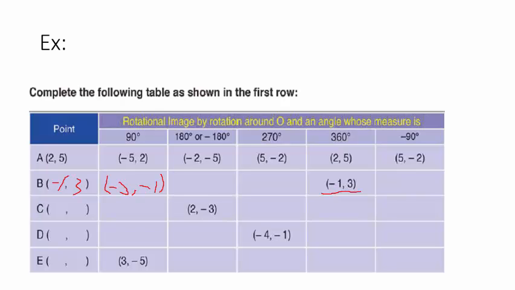When we need to rotate by 180 or negative 180, it will inverse the sign of the two coordinates. The original point is (negative 1, 3), so it will be (1, negative 3).